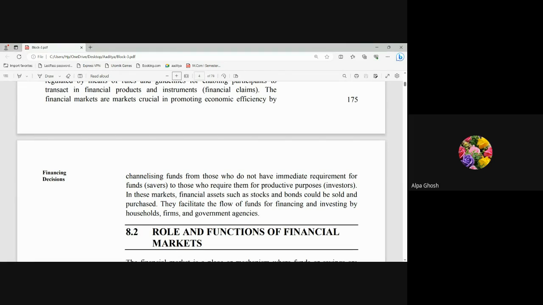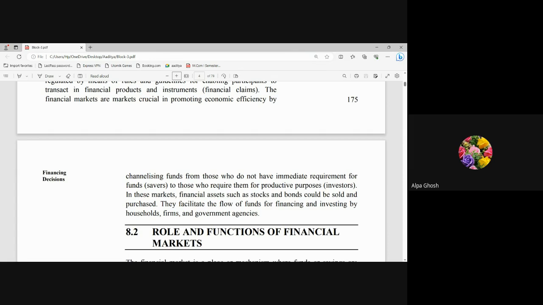Savers are those who have an excess of financial considerations, and investors are those who are using the saving amount for some productive purpose.